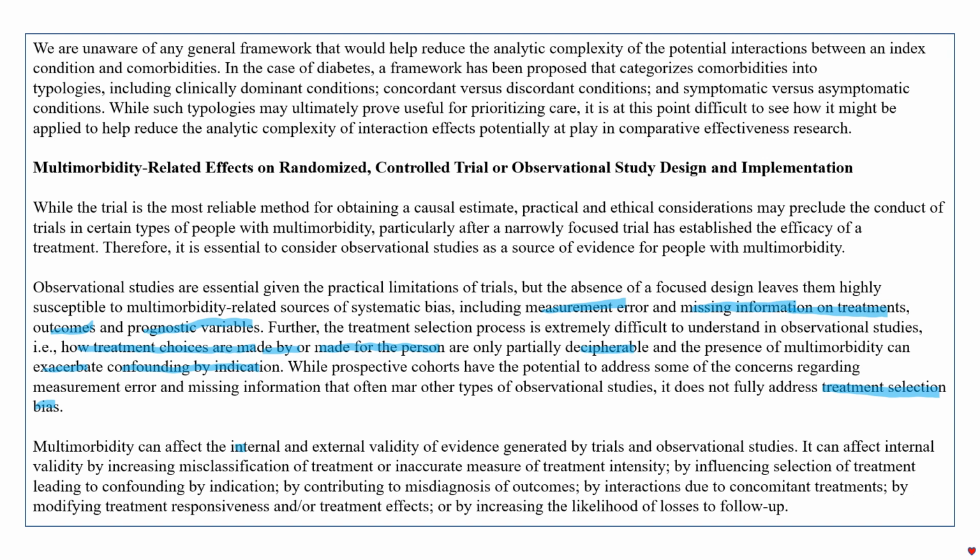Multimorbidity can affect the internal and external validity of evidence generated by trials and observational studies. It can affect internal validity by increasing misclassification of treatment or inaccurate measure of treatment intensity, by influencing selection of treatment, leading to confounding by indication, by contributing to misdiagnosis of outcomes, by interactions due to concomitant treatments, by modifying treatment responsiveness and/or treatment effects, or by increasing the likelihood of loss to follow-up.